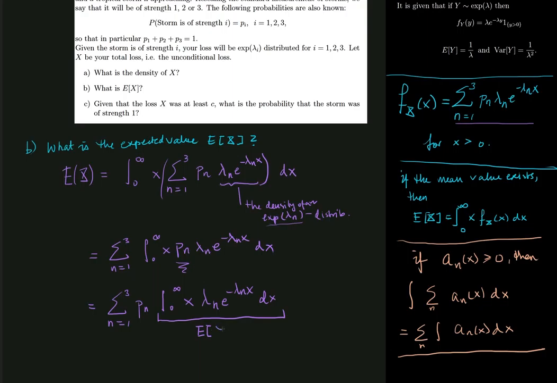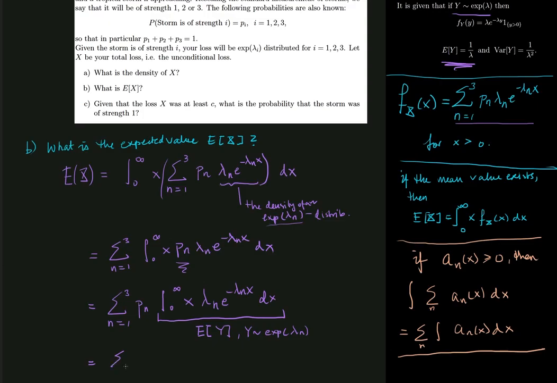So I can just call it the mean of y, where y is exponentially distributed with parameter lambda n. And from this formula here, we know what the mean of an exponentially distributed random variable is. It is 1 over the parameter in question.